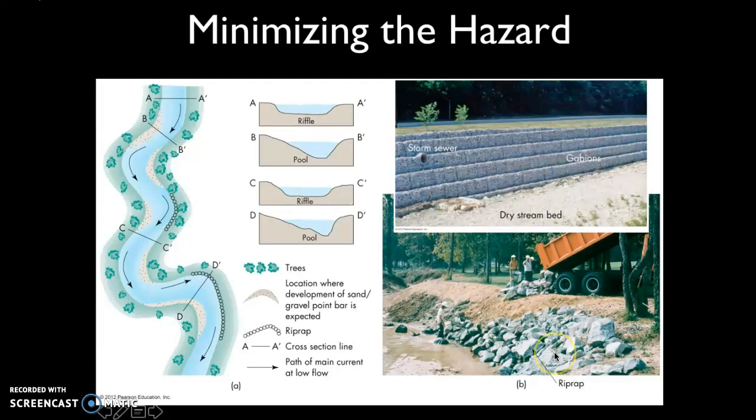The riprap is just big boulders that are placed on the cut banks of the meandering stream. So right here, these would be where the riprap would be placed on the cut bank, so that the meandering stream wouldn't erode further on that side and continue to do so further away. Same thing with the gabions, they work the same way.